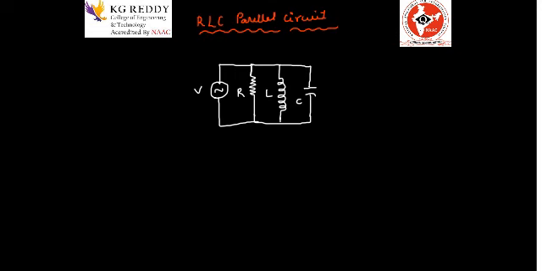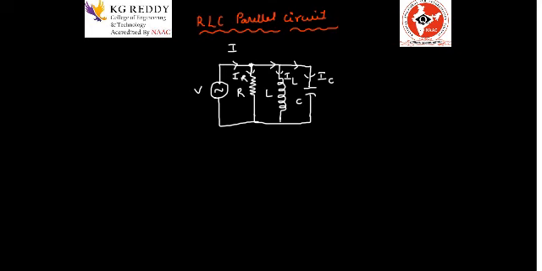Because of this V, we have some total current I. At this node it is dividing into three currents. Here, in this branch, the current I am taking as IR, this is IL, and this one is IC.